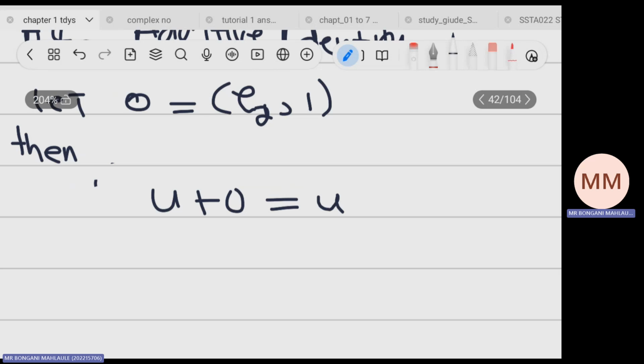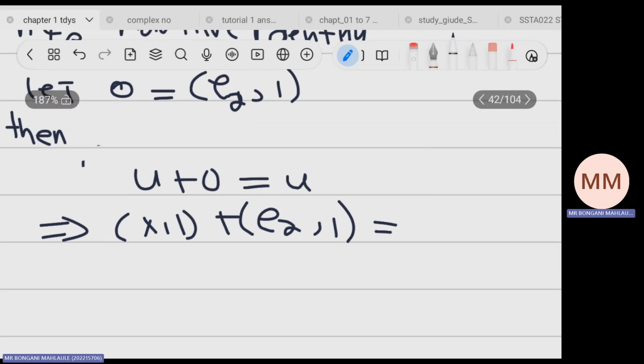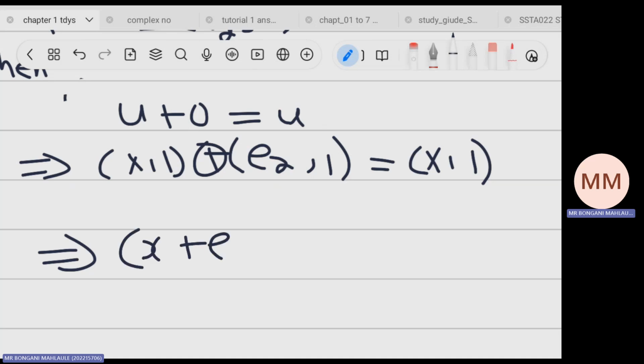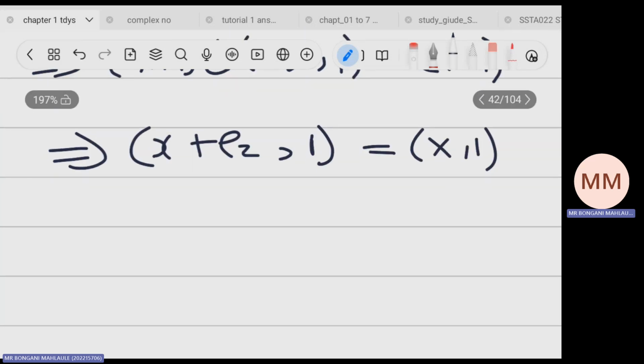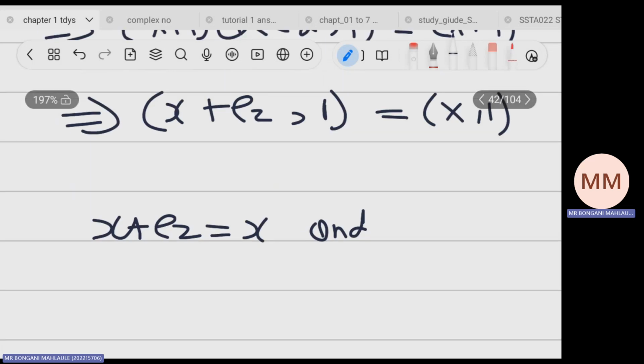Now our u, we know that is x1. Then we are letting 0 to be this. This implies that when we perform addition, we'll get x plus e2. Then we fix 1. So this is equal to x comma 1. So this means that this is equal to that. So we'll have x plus e2 is equal to x, and 1 is equal to 1, right? So that's not a problem.